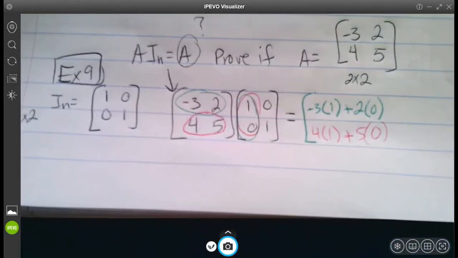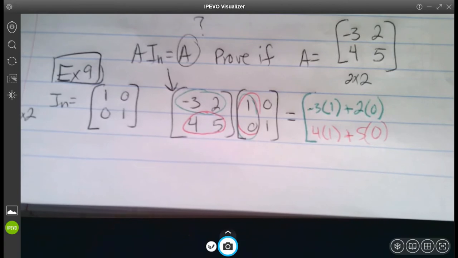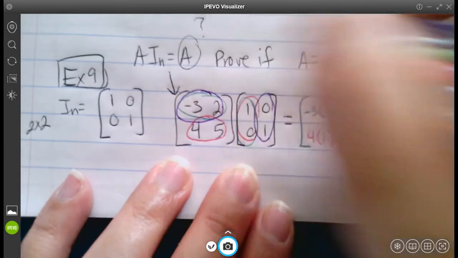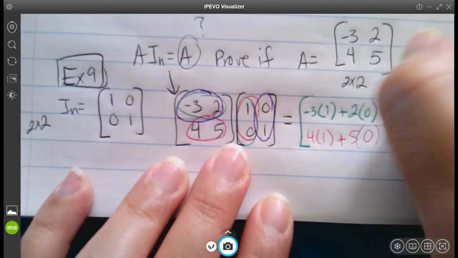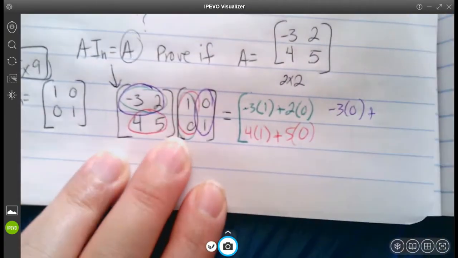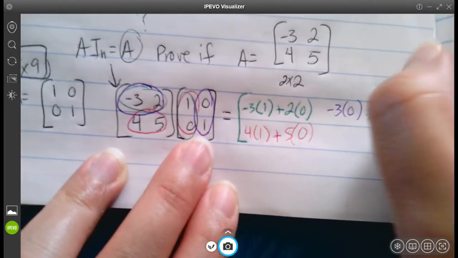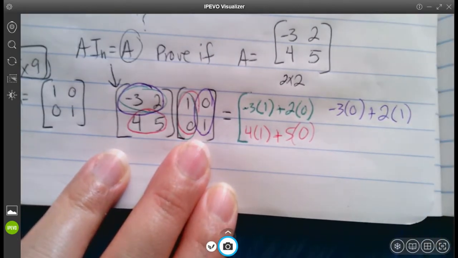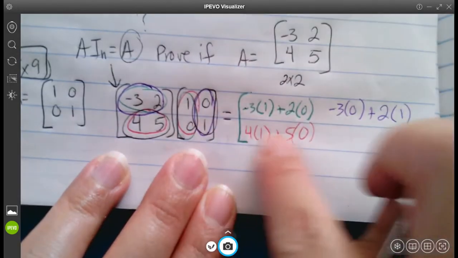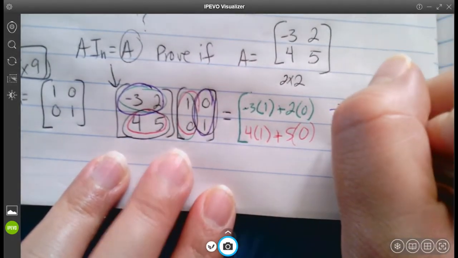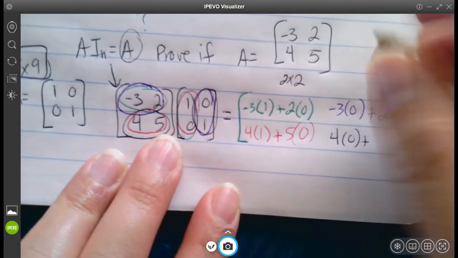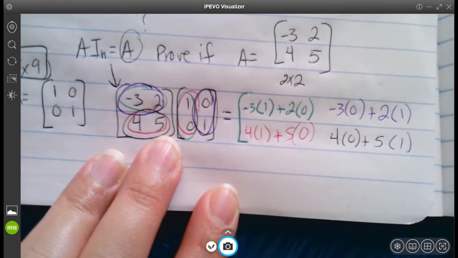Moving on to the first row, second column, so row 1, column 2: -3 times 0 plus 2 times 1. And last but not least, we have row 2, column 2, which will be 4 times 0 plus 5 times 1.